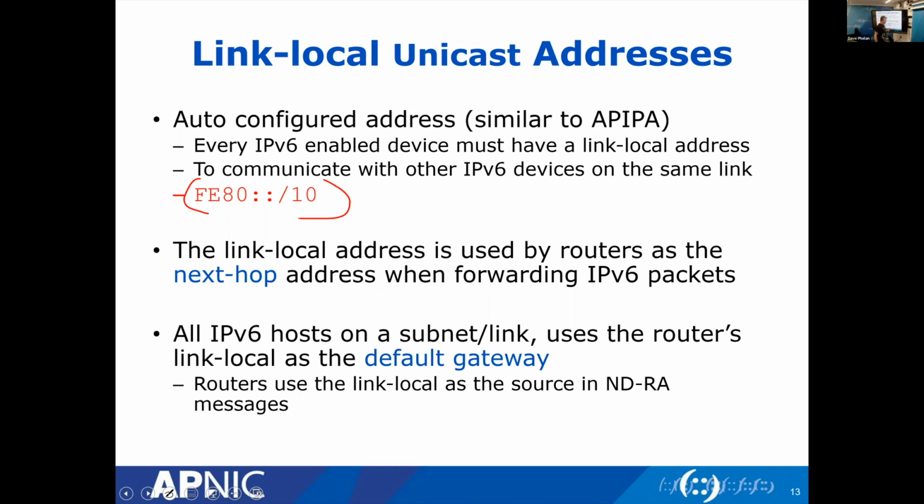As I said, your devices, your OSs, your routers will automatically assign it. Once we're actually on the link, we use that link local for actually talking and getting around. When routers send out their router advertisement, the next hop isn't the v6 global unicast address you've assigned to that interface. It's going to be the link local.